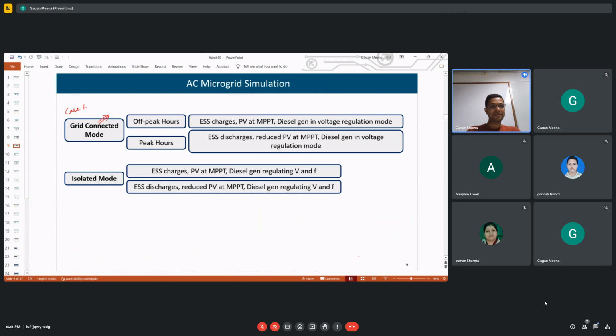First one is this, second one is this. Both are given two different references, and after the converter, before connecting it to the grid, there is one filter. Previously an L filter was used. Here an LCL filter is used.